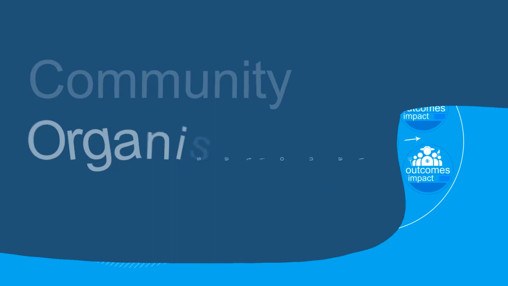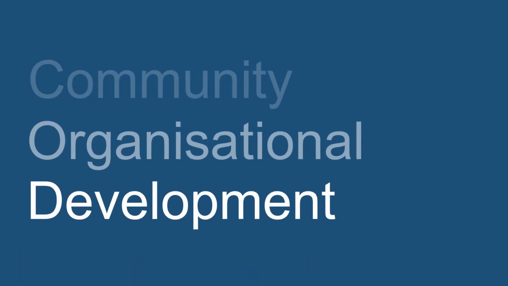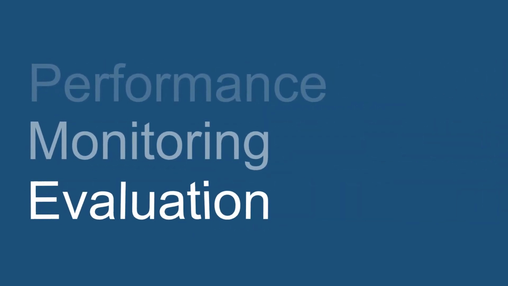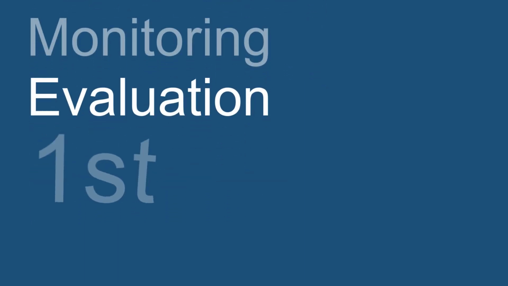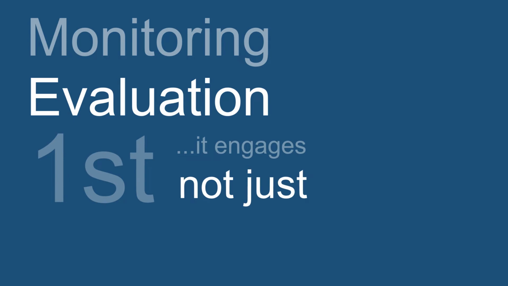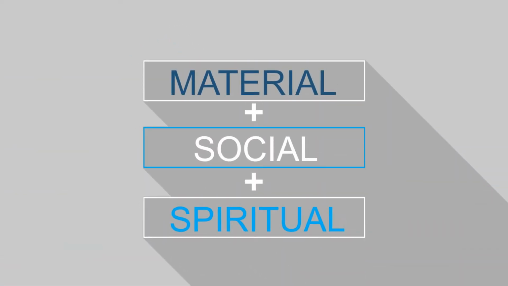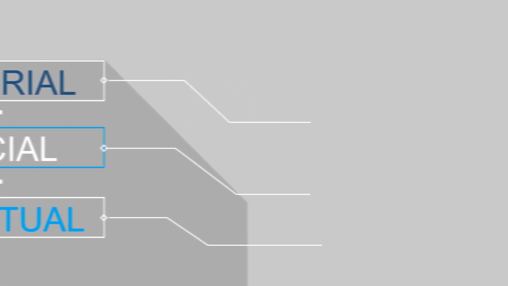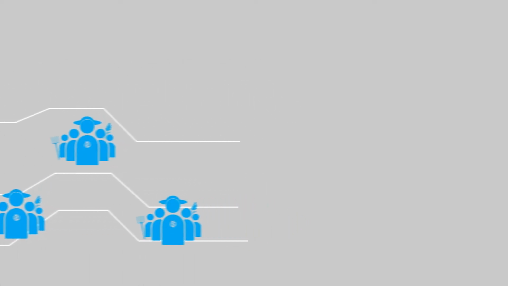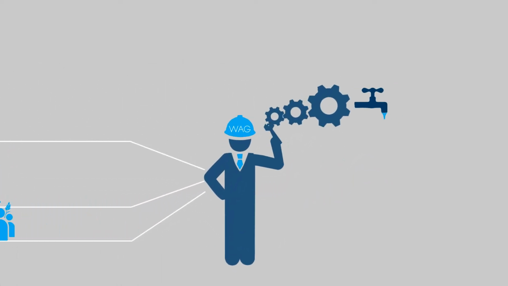The Community Organizational Development Indigenous Development Framework also has a 3-dimensional performance monitoring and evaluation system. There are 2 significant aspects to this system for monitoring and evaluation. First, it engages not just material, but the social and spiritual aspects of well-being, as both are equally important in many communities where WaterAid Ghana works.